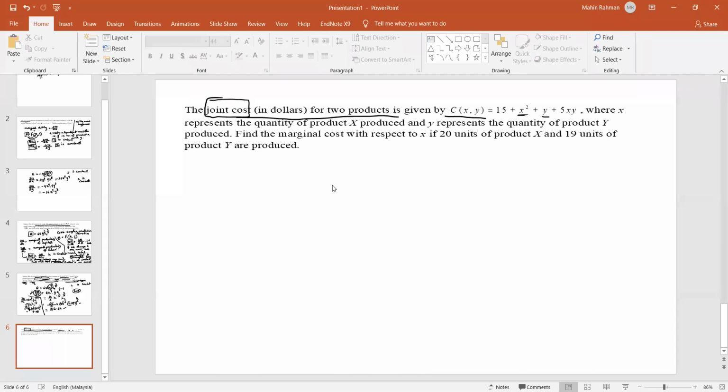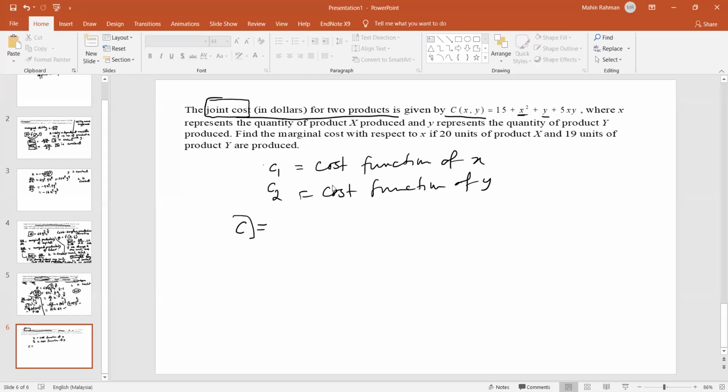That is why we call it the joint cost function. But remember that in some exercises we will give you separate cost functions, for example C1 is the cost function of X, and C2 is the cost function of Y. In that case, we have to find the joint cost function, which means we add these two cost functions.